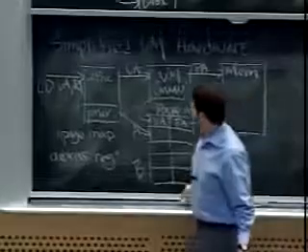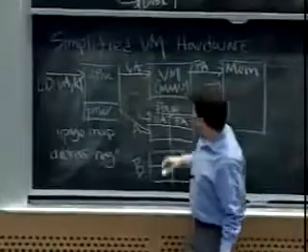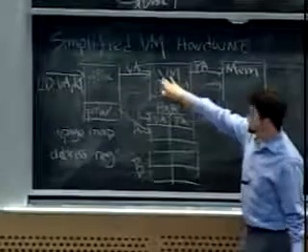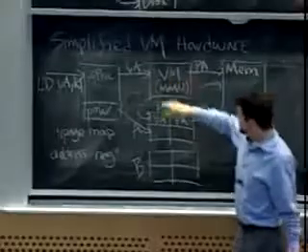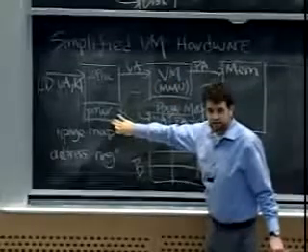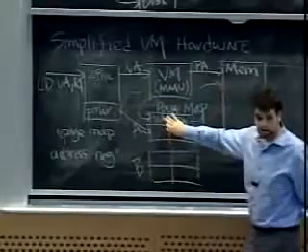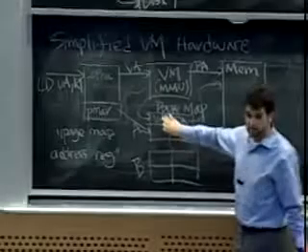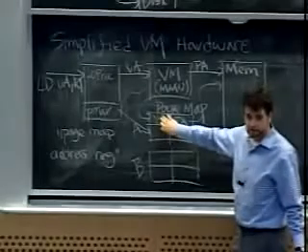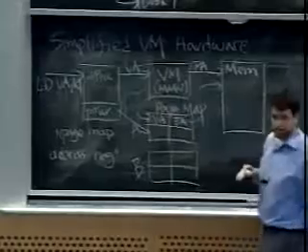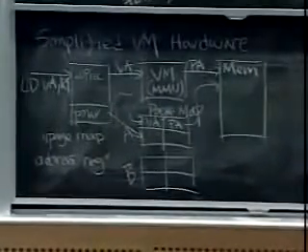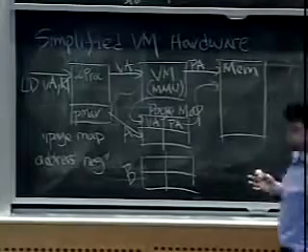When the virtual memory system wants to resolve a virtual address, it looks at this register and uses that to find a pointer to the beginning of the page map that's currently in use, and then uses that page map to get what physical address corresponds to this virtual address.